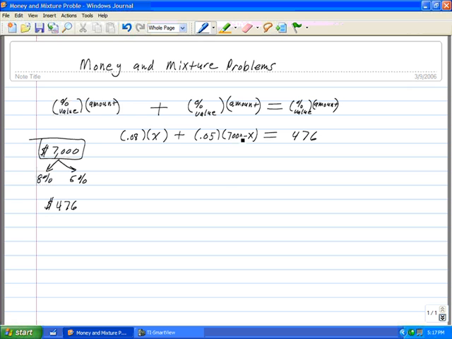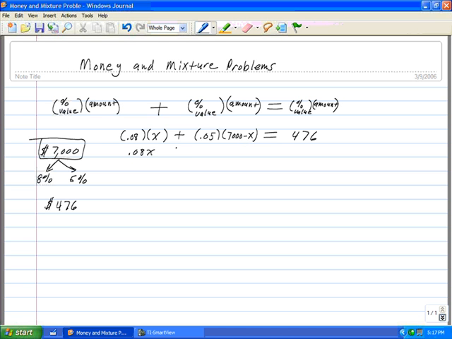Well, 7,000 minus 3,000 would be the 4,000 that would go into the other account. Say x was $6,000. Well, 7,000 minus 6,000 would be the 1,000 that would go into the other account. So again, all these mixture problems, if you were to say there was any kind of trick to them, it's right here where we represent this second quantity without using a second variable.